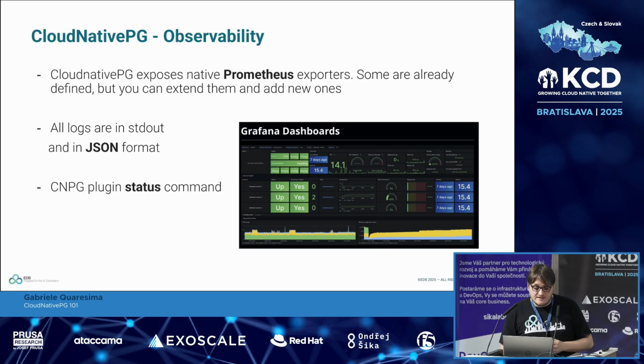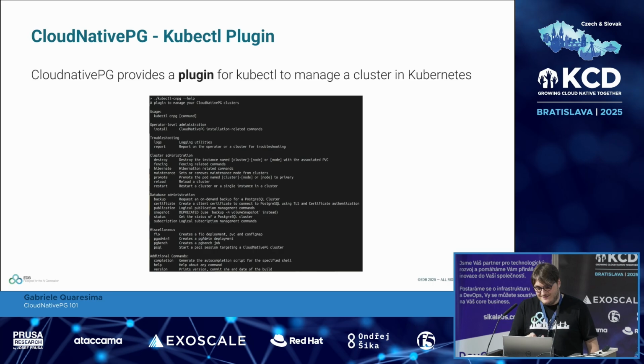And there is also a CNPG plugin for kubectl that can add more logging. Not only that, you can also perform some imperative or declarative operations. In this case it is because of the status command. We will take a look later in the demo. This is a picture of the plugin, with some of the commands that we provide.